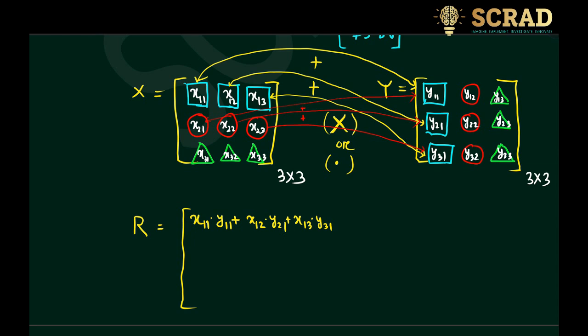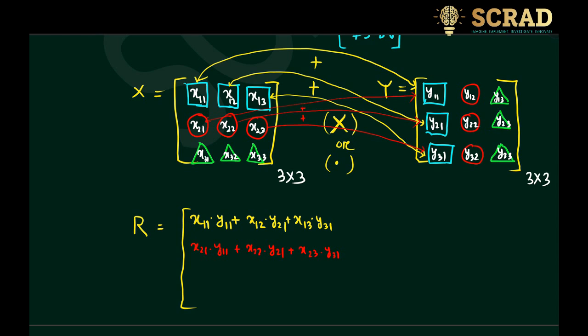This will be the second element of the row, or we can say the second row, first element. Like here, x 21 dot y 11 plus x 22 dot y 21 plus x 23 dot y 31.